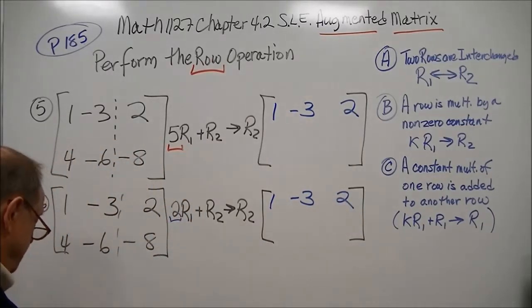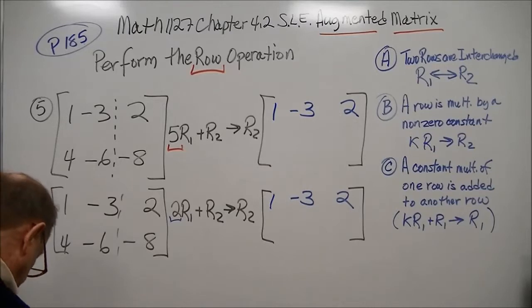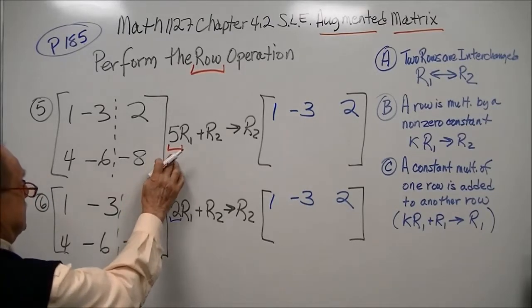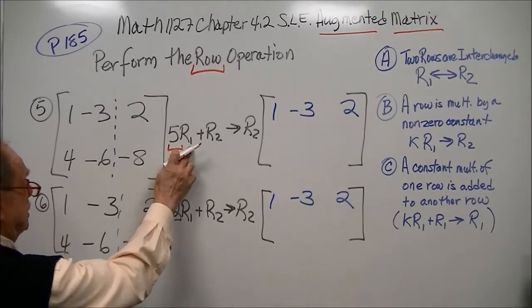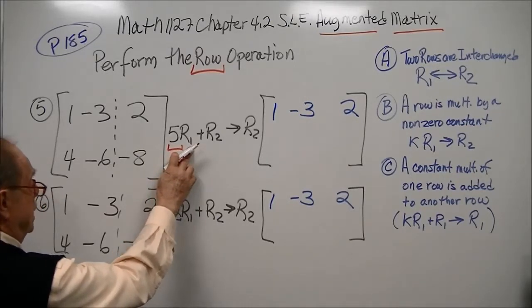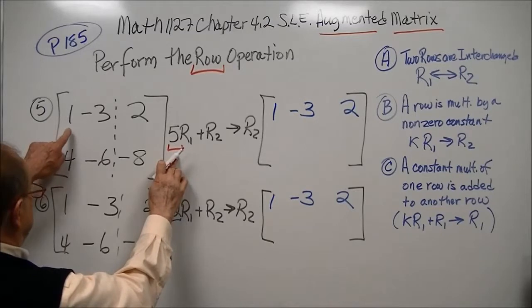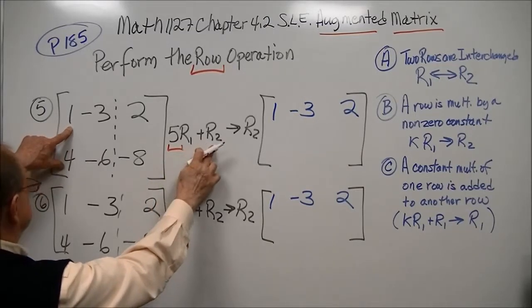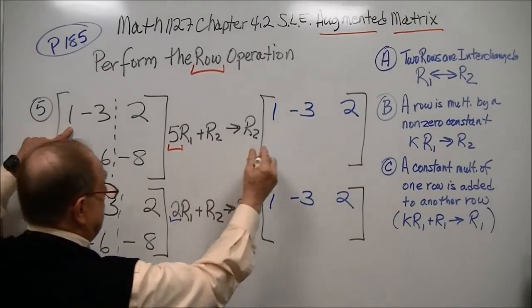And now let's do the instructions. So our constant is 5. We're going to multiply it by each term in row 1. So 5 times 1 is 5. Add it to row 2. That makes that a 9.